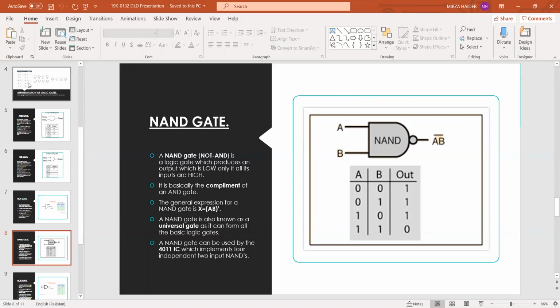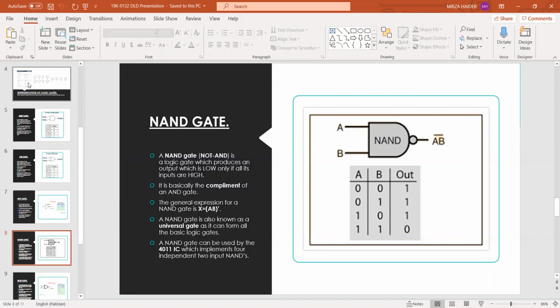Now, I could not touch upon the aspect of the universal gate much more because this topic is given to another classmate of mine. A NAND gate can be used by the 4011 IC, which implements four independent two-input NANDs. If we are to look towards the image, we can see the basic representation of a NAND gate.